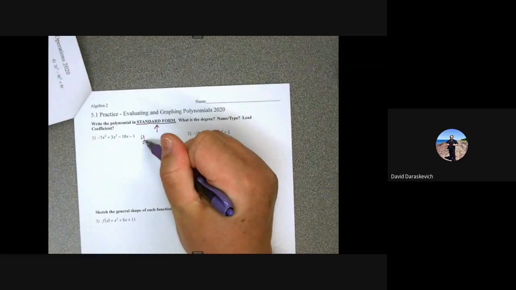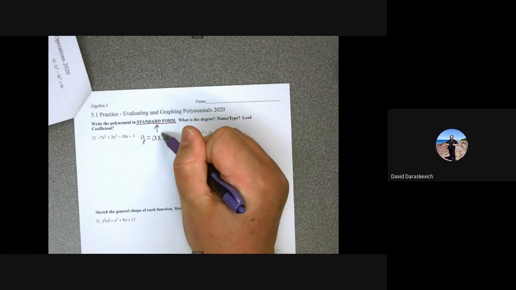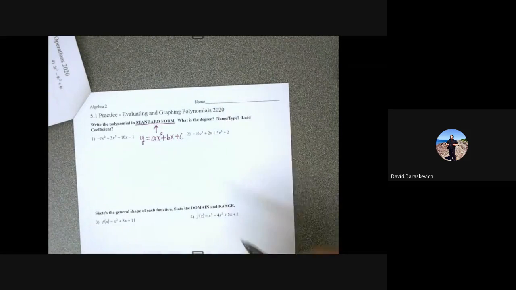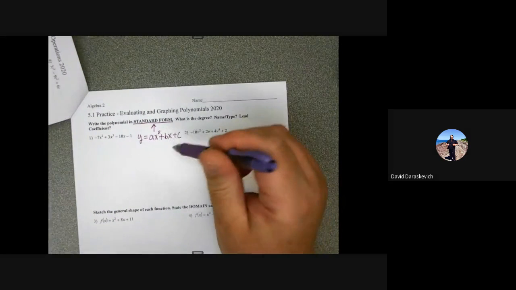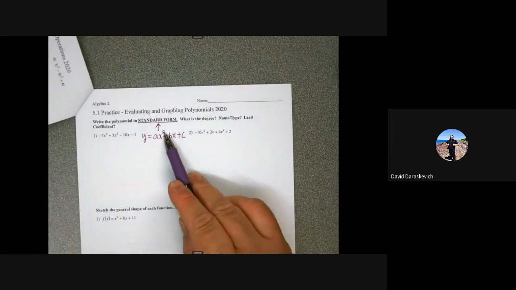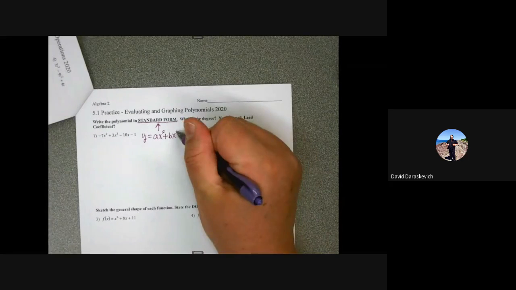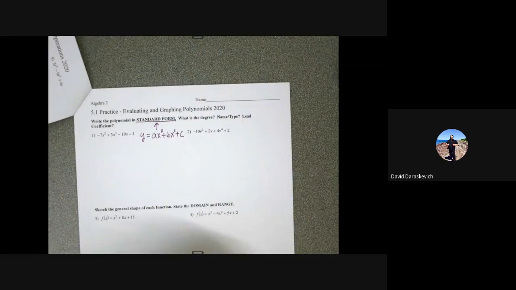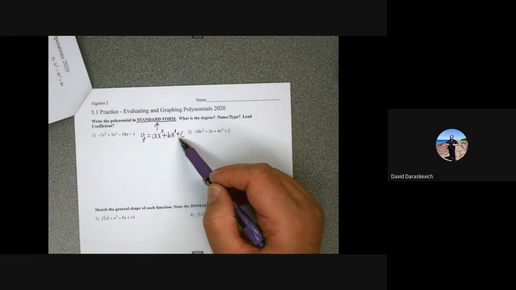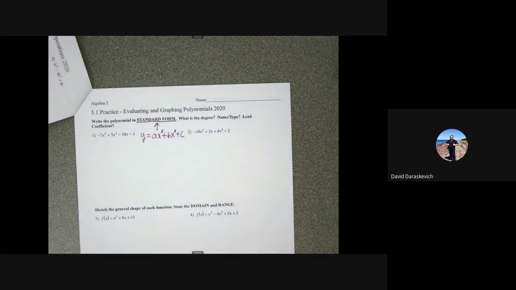is y equals ax squared plus bx plus c for quadratics. But what it really means is from highest exponent to lowest exponent. So if I had x to the 5th, then it would be x to the 4th, x to the 3rd. That's standard form.